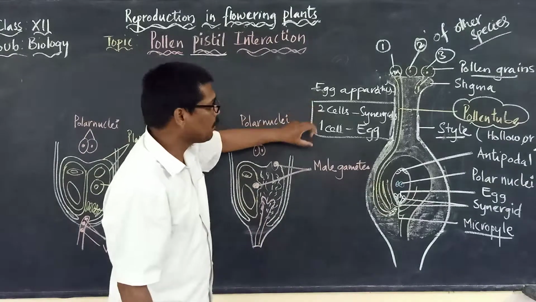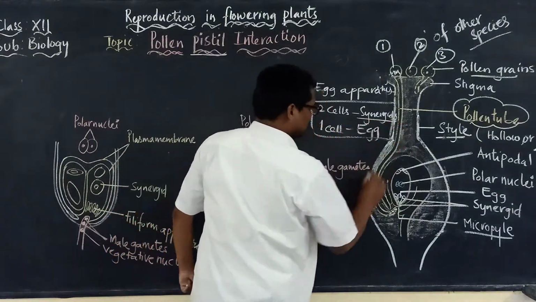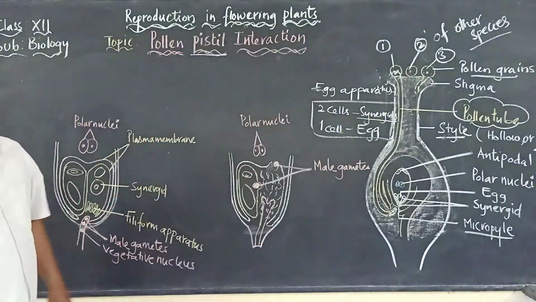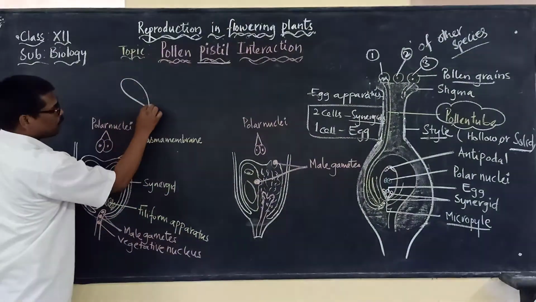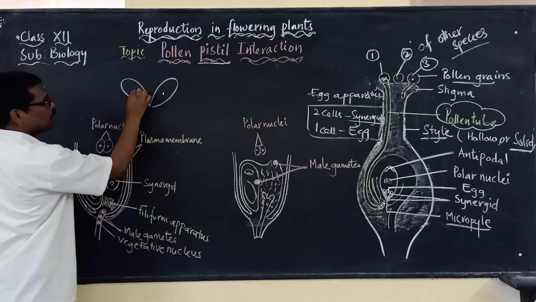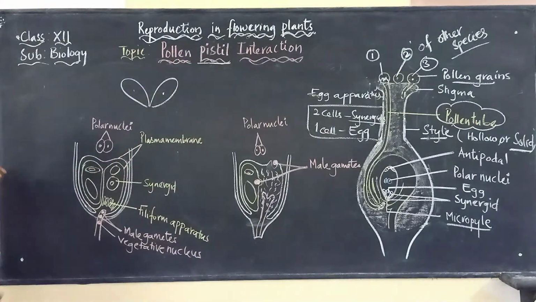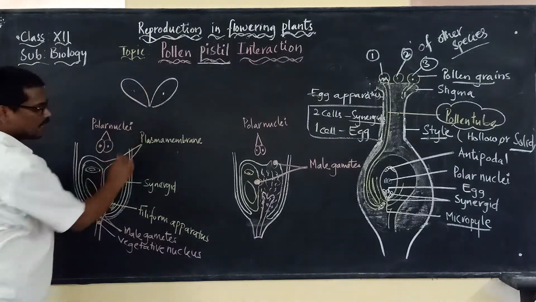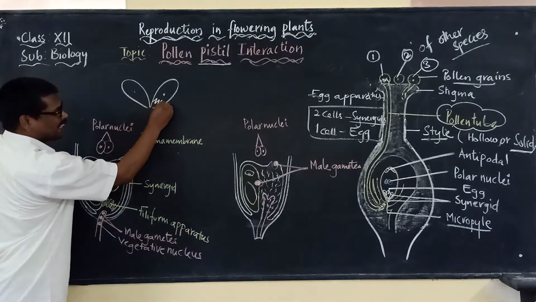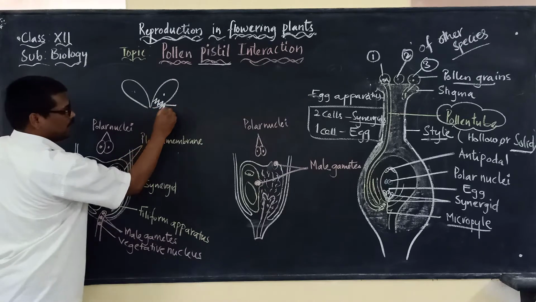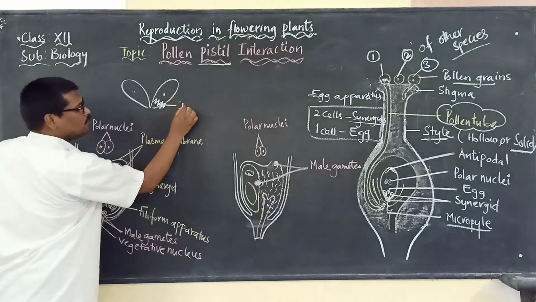Now in this egg apparatus, we come across synergids. If you look at the synergids, they are like pointed beaks. They have extensive infoldings.